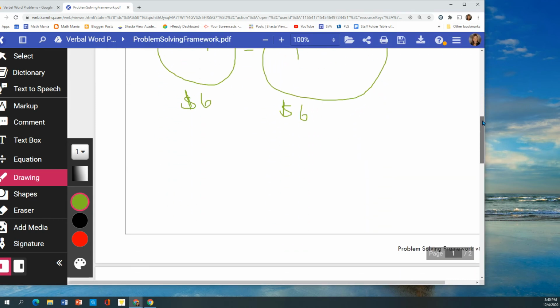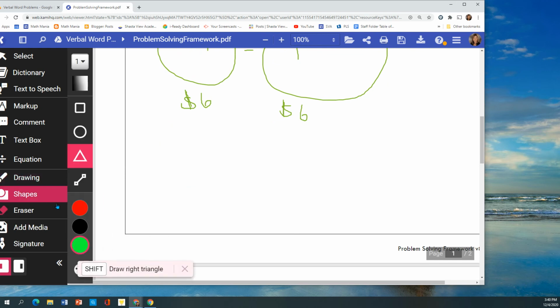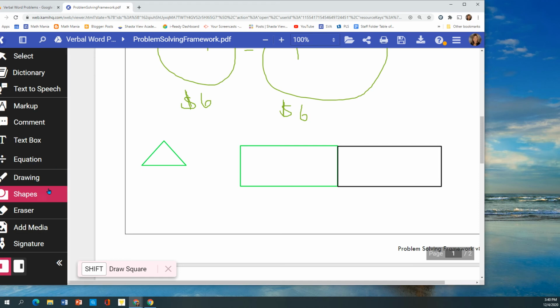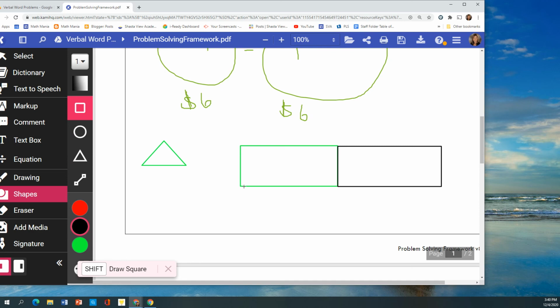There are multiple ways you can draw your pictures. You don't have to do it that way. I could also have used a graph to show that I have one group here, and another one, and then the other gift card here, and then my total amount. This is called a bar graph, or a tape graph.